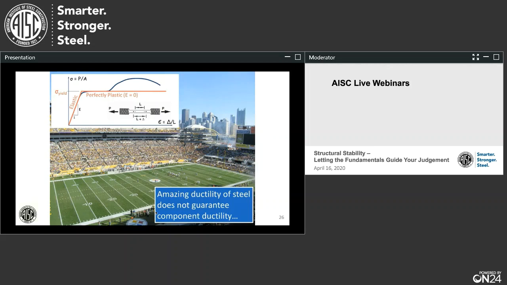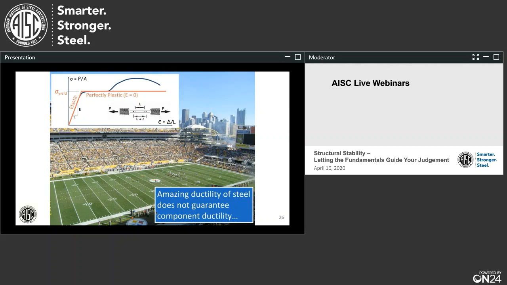For me, that was great as a steel guy. There's the city of steel in the background. But what I want to say, somewhat tongue-in-cheek, is these Steelers fans are brilliant. Not only do they know football, but they also know steel. Up at the upper left is a tensile coupon test that we've all seen, certainly as undergraduates.